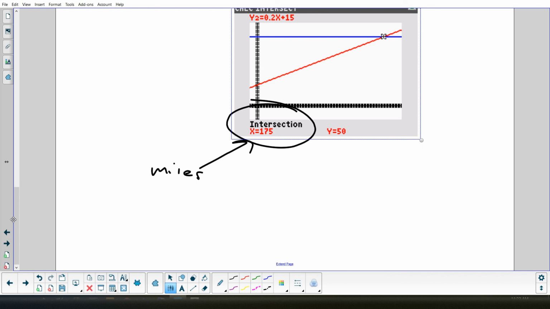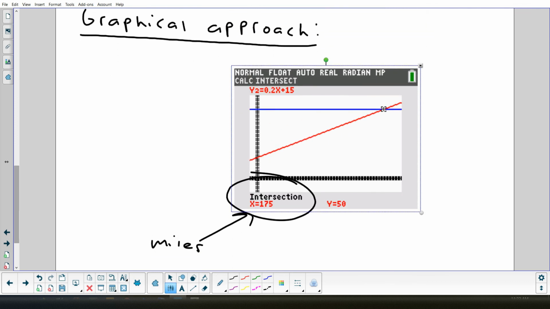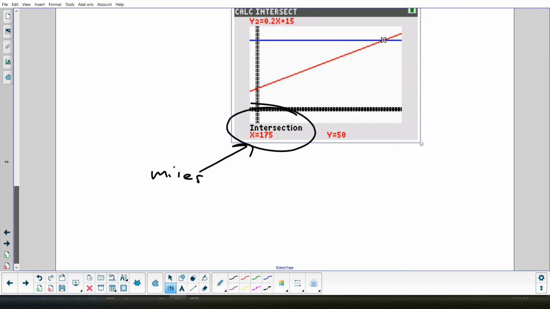Any questions on that? Yeah. So for that value, wasn't it, oh, sorry, never mind. Looked at it wrong. Okay. Anything else? So intersection is something we'll use a lot. Pretty much all year we'll find intersection points for different things.